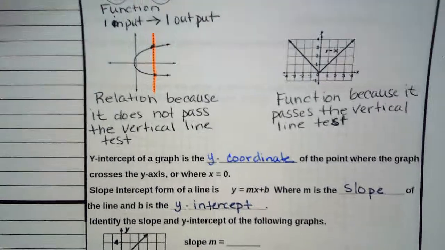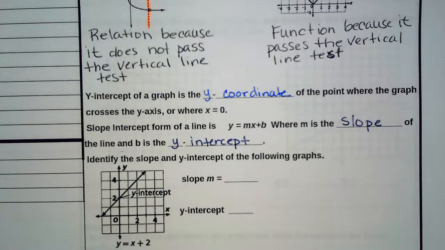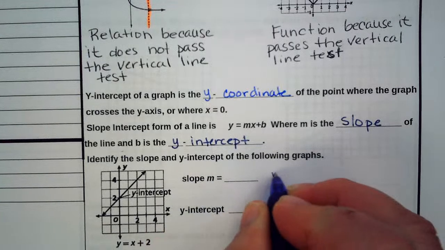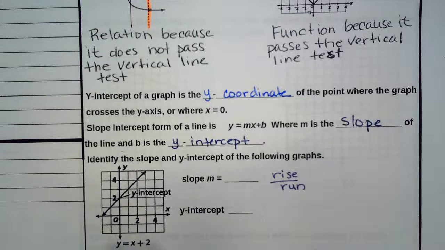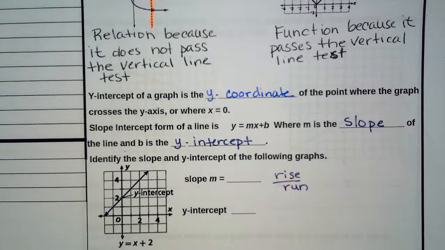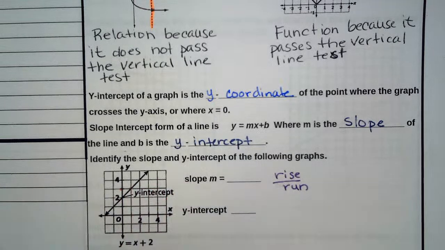Okay, identify the slope and y-intercept of the following graphs. If we're looking at the first one, what is my slope? Your slope, remember, is that rise over run. So if I'm looking at this, I'm creating that right triangle. I go up one, I go over one.